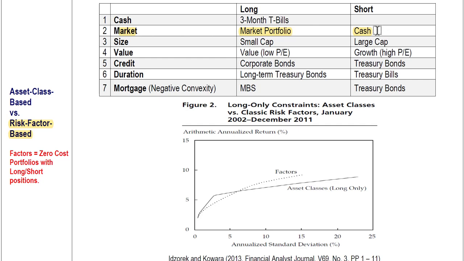That means you borrow money to buy the market portfolio. It is a long short position.